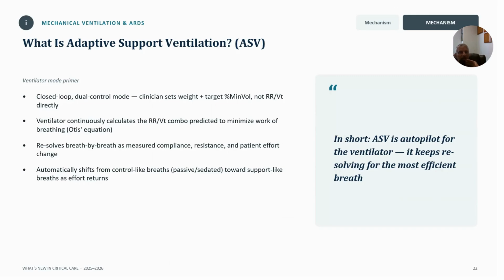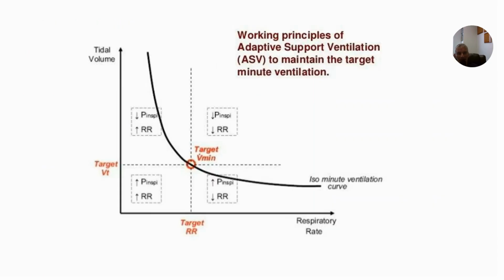So instead of, like on assist control ventilation, you set a rate and a tidal volume, here you're setting a target minute ventilation. And the ventilator will continuously calculate a respiratory rate and tidal volume combination to minimize the work of breathing. So it resolves it breath to breath, depending on the compliance and resistance. So basically, it's like an autopilot.